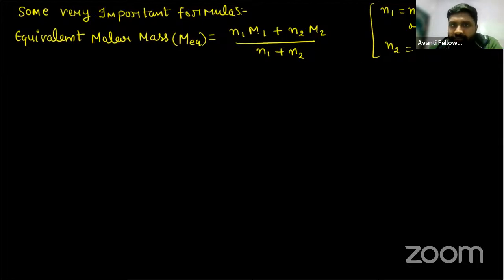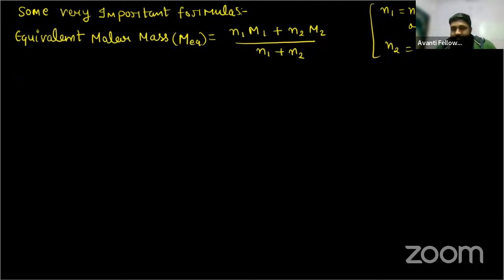Same here, M1 is the molar mass of gas 1, and M2 is the molar mass of gas 2. Now, for equivalent moles, you can just directly add the moles, N1 plus N2.